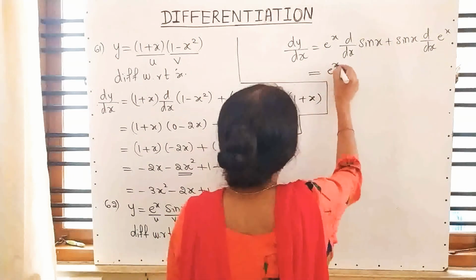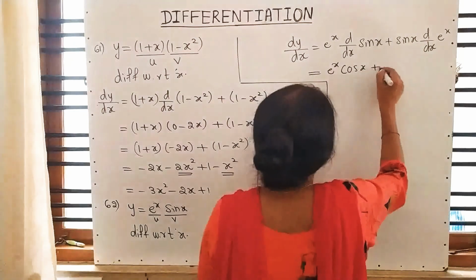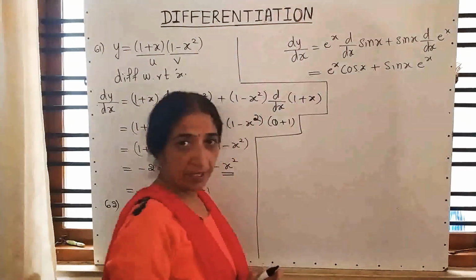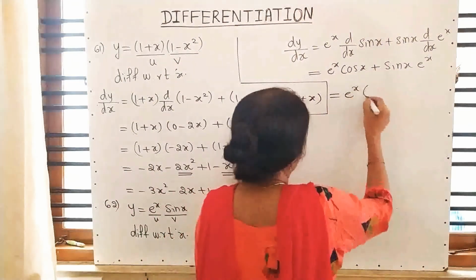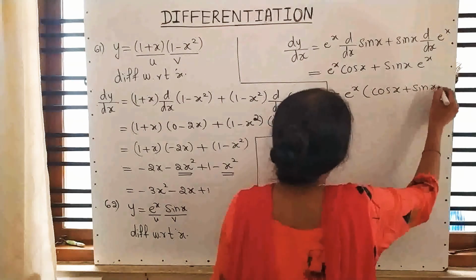See, e raised to x as it is, what is differentiation of sin x? Cos x. Plus sin x as it is, differentiation of e raised to x will be e raised to x. If you want, you can take e raised to x common. Cos x plus sin x.